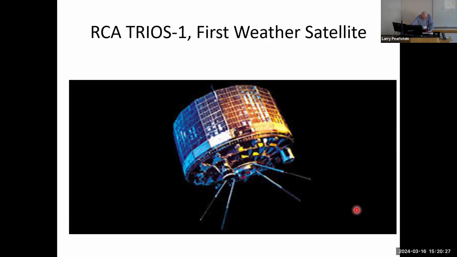Now, polar orbits allow full global coverage because they're orbiting pole to pole, and the Earth rotates under the orbit, and over time they can cover the whole world. There are also geosynchronous and geostationary satellites, where the orbital plane is close to the equator.